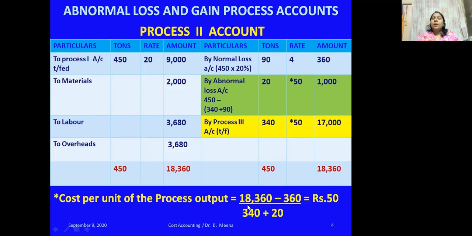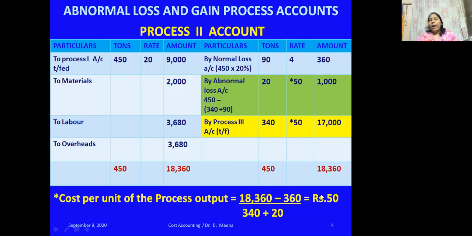Look at the calculation. 18,360 is the total of the debit side, minus what I credited so far, 360, divided by, since I'm calculating the rate per unit for the output as well as the abnormal loss, for both of them. So 340 plus 20, what is the rate per unit I'm getting? 50 rupees. Then I substituted for abnormal loss and the output. So 20 into 50, 1,000, and 340 into 50, 17,000. Then I'll close the credit side.